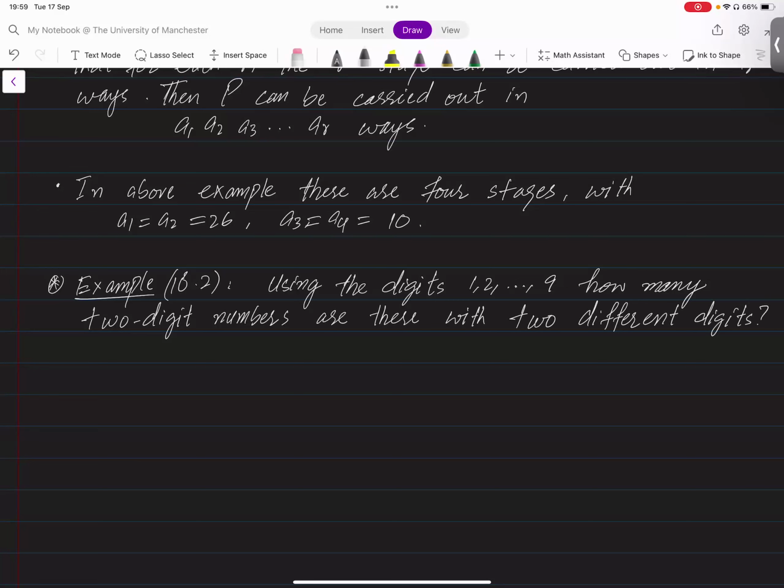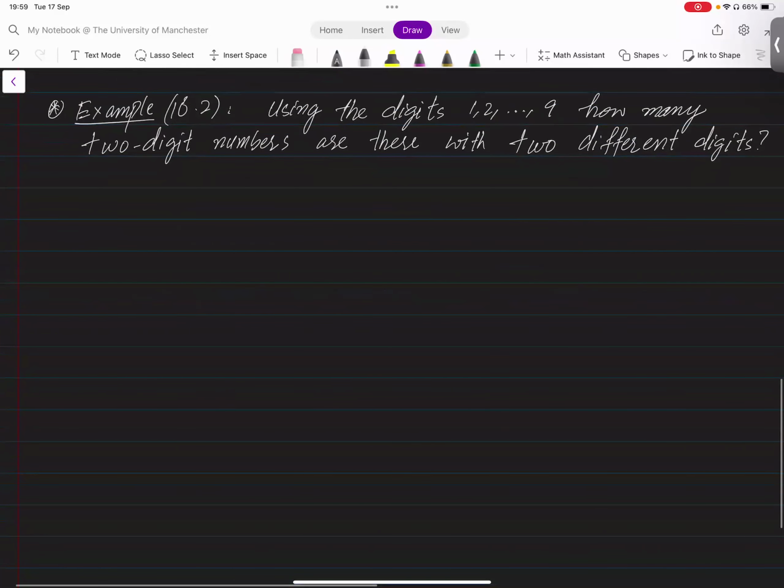So the solution will be, we consider the following two-stage process to pick such an even integer.